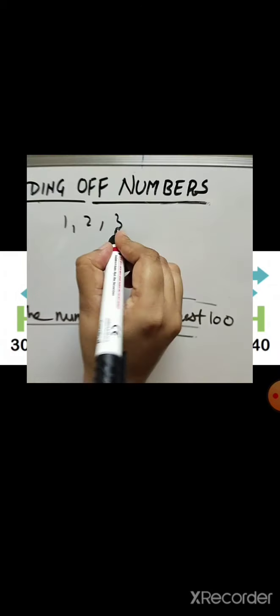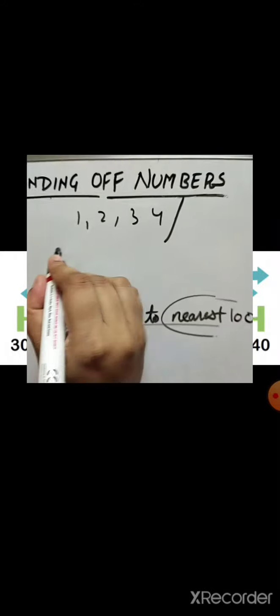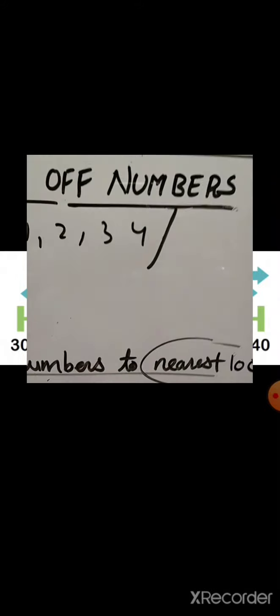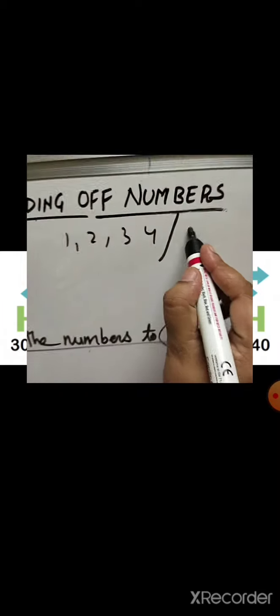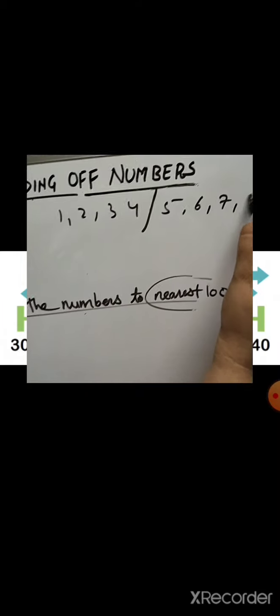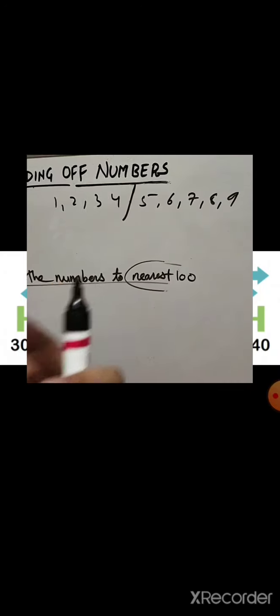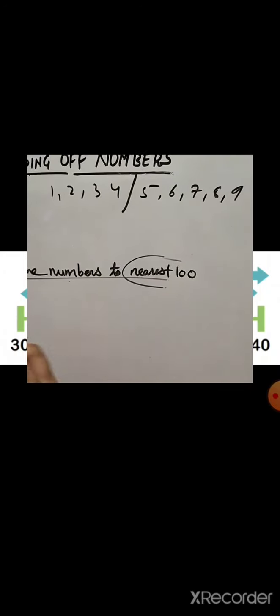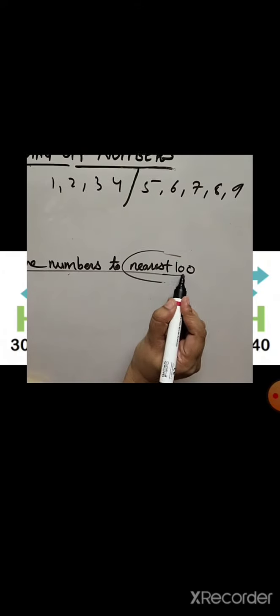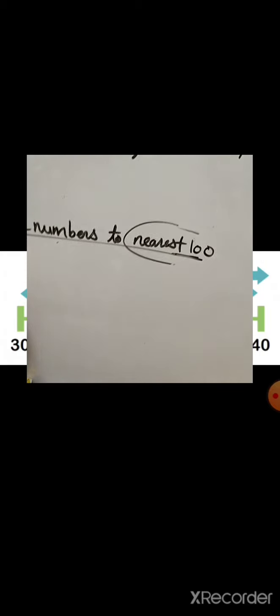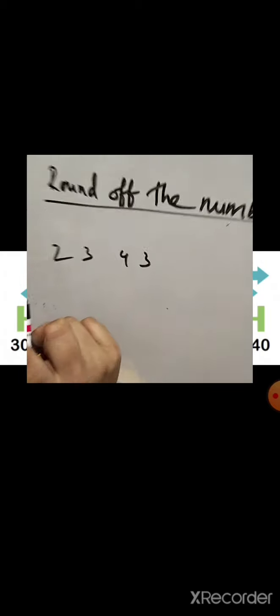If the numbers are 1, 2, 3 and 4, the number which we are going to round off will not change. If it is 5, 6, 7, 8 and 9, it will change. How it will change? We will increase the number by 1. Now remember, we are going to do the nearest 100, not tens. So let us write the first number. It is 2, 3, 4, 3. Let's write the positions.